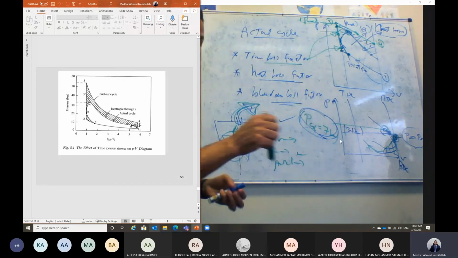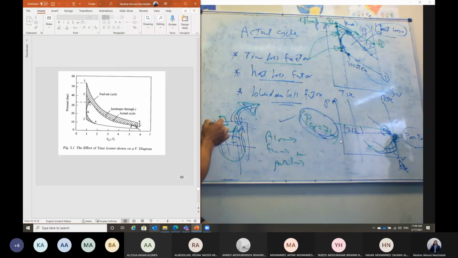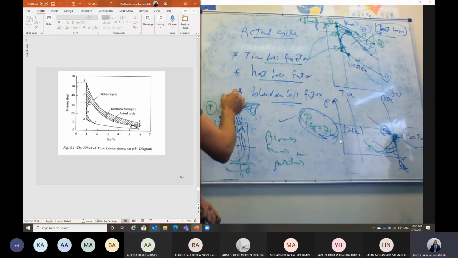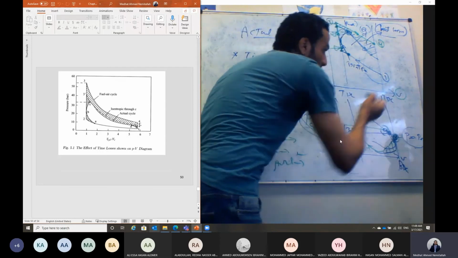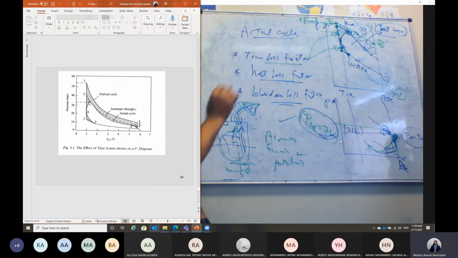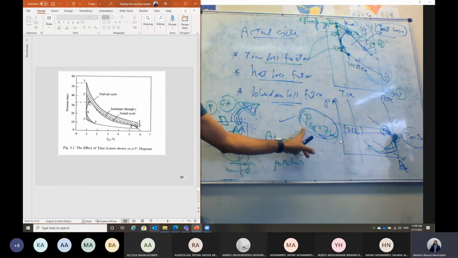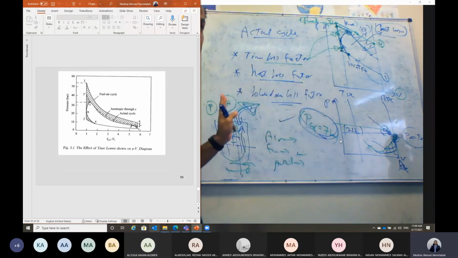You can put a pressure transducer at the top of the cylinder. It will measure the pressure inside the cylinder, pressure against the crank angle, the movement of the crankshaft. We can translate this crank angle in terms of volume, plot the pressure against the volume, and then calculate the net work. This is how it goes in the real case, but we don't have a theoretical equation in order to calculate this work.